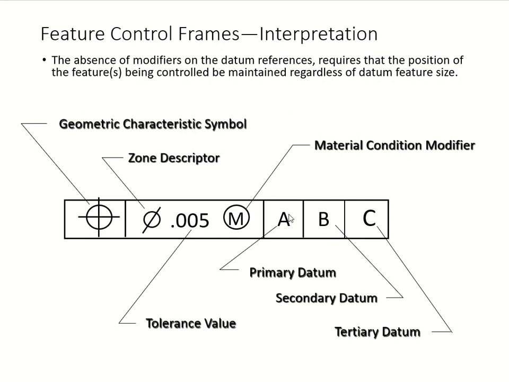No MMC or LMC or RFS in A, B, or C. Therefore, we are going to maintain that regardless of datum feature size. So if you don't have M or L here, you just go with regardless of datum feature size.